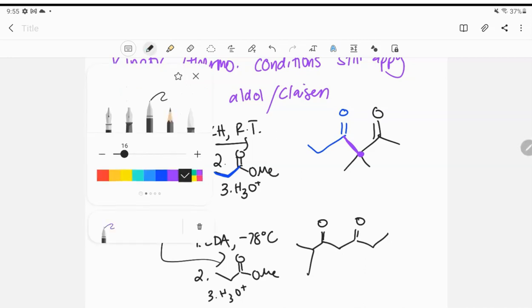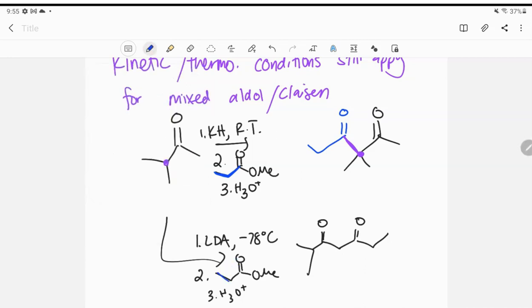All right, so our blue molecule again would be this stuff. And the new bond that's being formed is this one. That's our purple carbon right there.